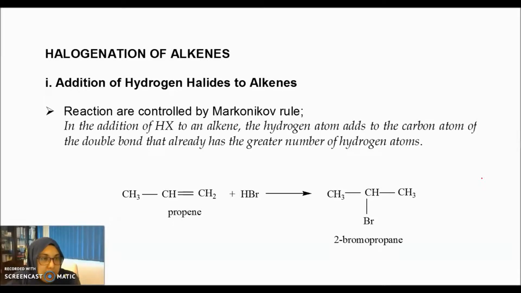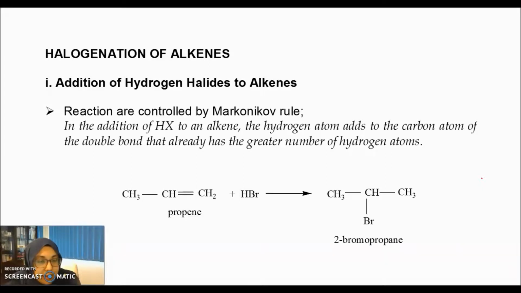The first one is addition of hydrogen halides to alkene, where this reaction is controlled by the Markovnikov rule, something we have also looked at. My explanation is very simple: hydrogen will be added to the carbon with more hydrogen. That is essentially what you need to know. Hydrogen will be added to the carbon with more hydrogen.